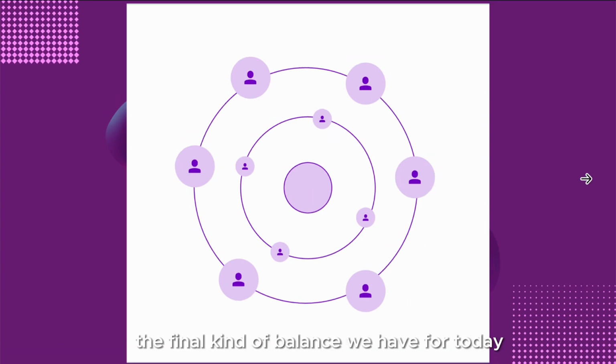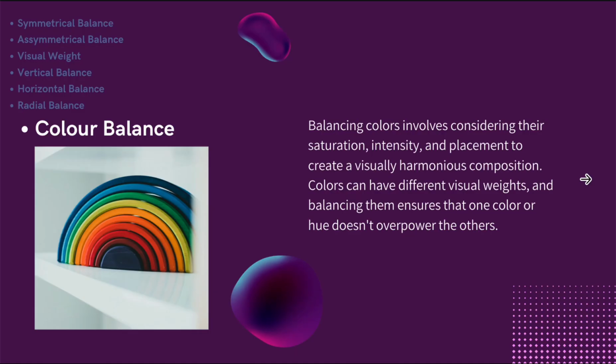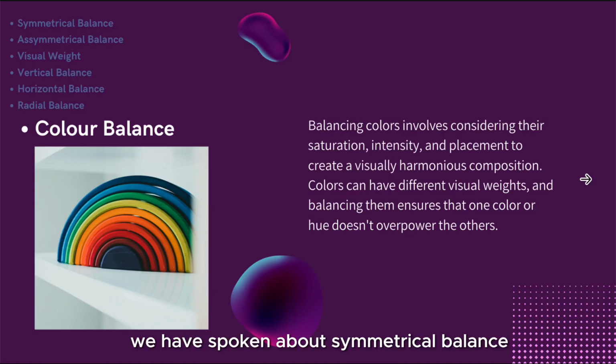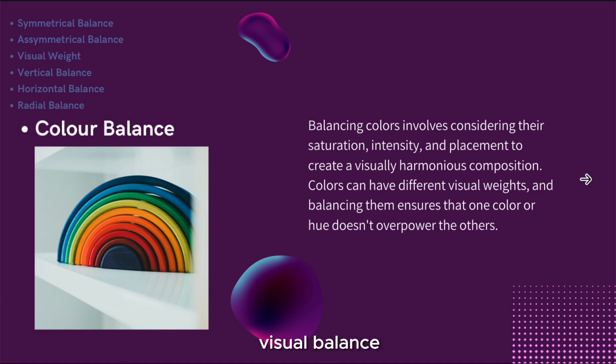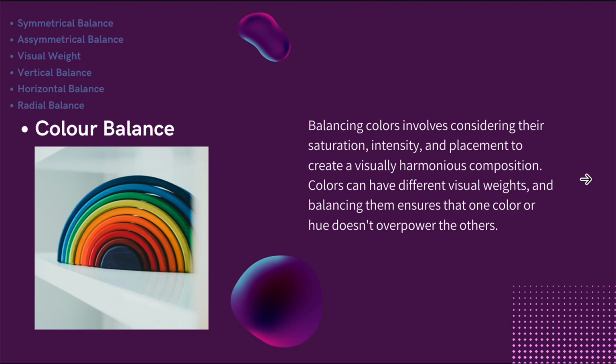The final kind of balance we have for today is color balance. We have spoken about symmetrical balance, asymmetrical balance, visual balance, vertical balance, horizontal balance, radial balance, and finally we are talking about color balance.